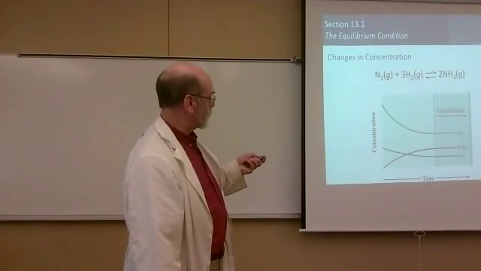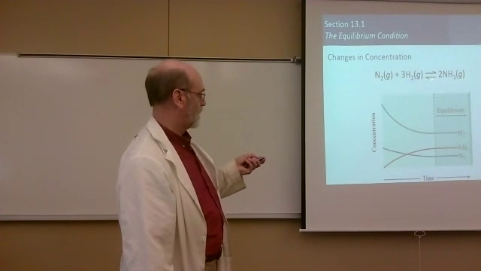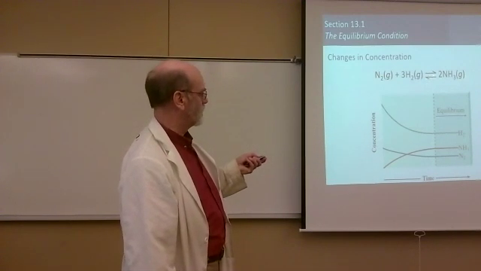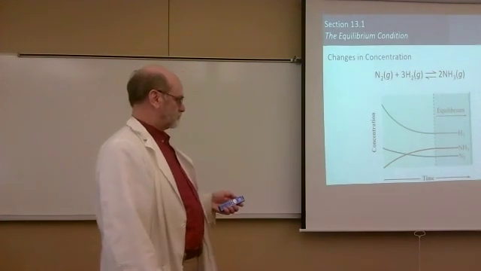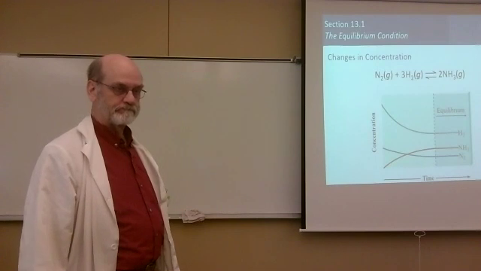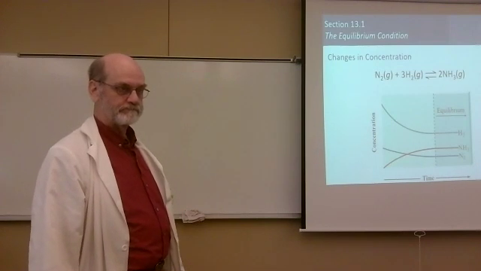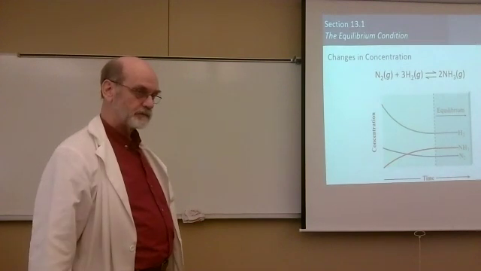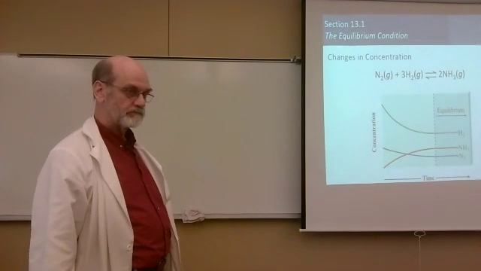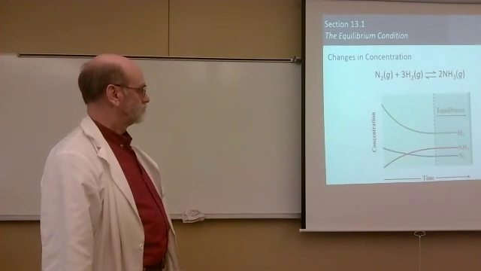You notice the reverse reaction here is indicated in a half barbed arrow, and a forward barbed arrow for the forward reaction. If we're in a state of equilibrium, do you always assume that there are both reactants and products present?